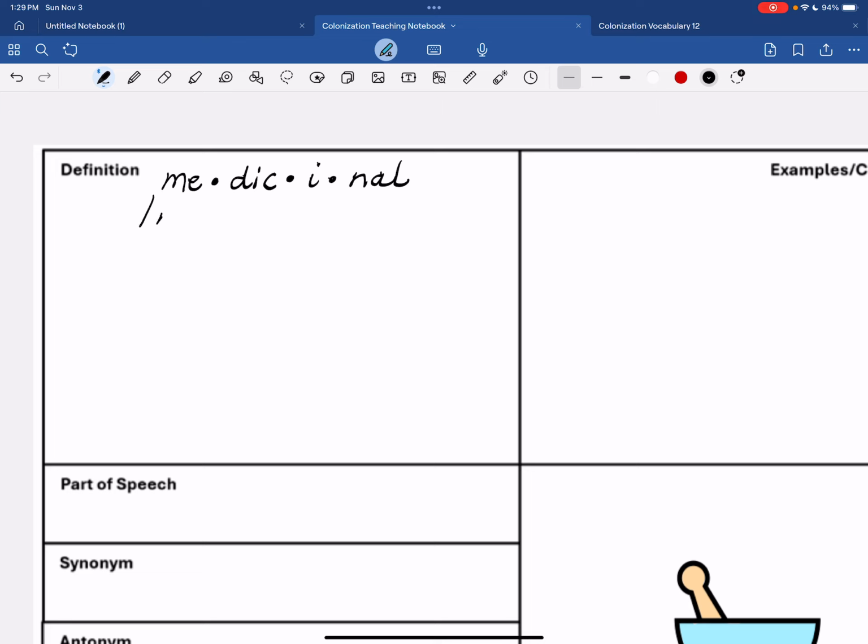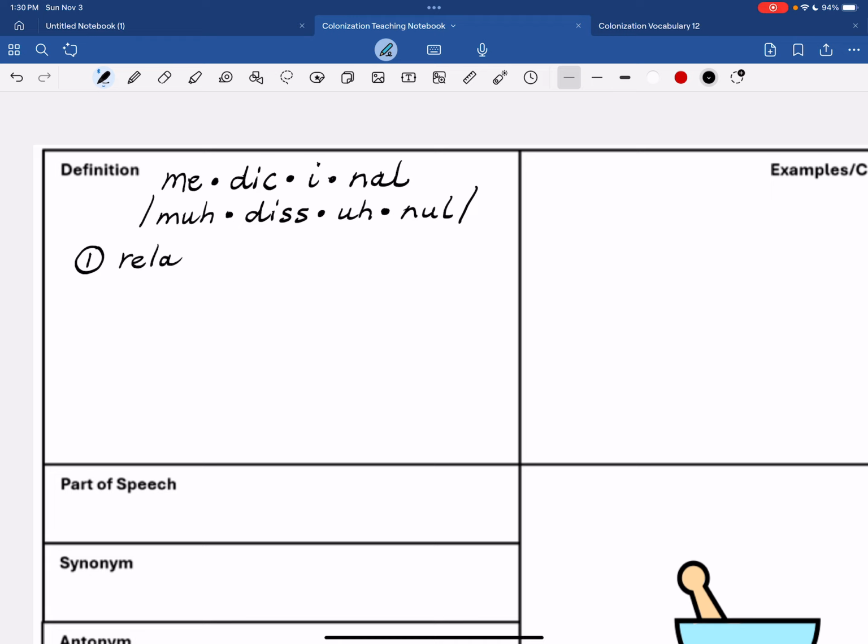And it sounds like ma. This is a soft C. Medis, that's almost a schwa. Medicinal. Four syllables. And this one can have several meanings.